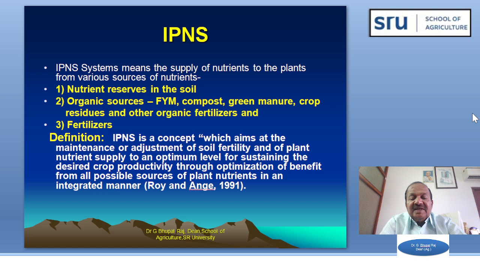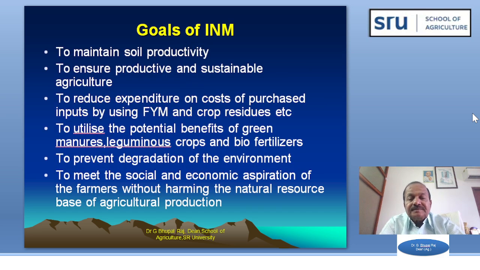So the definition of IPNS is this: the concept which aims at the maintenance or adjustment of the soil fertility and the plant nutrient supply to an optimum level for sustaining the desired crop productivity through optimization of benefit from all possible sources of the plant nutrients in an integrated manner. This is the definition given by Roy in 1991.